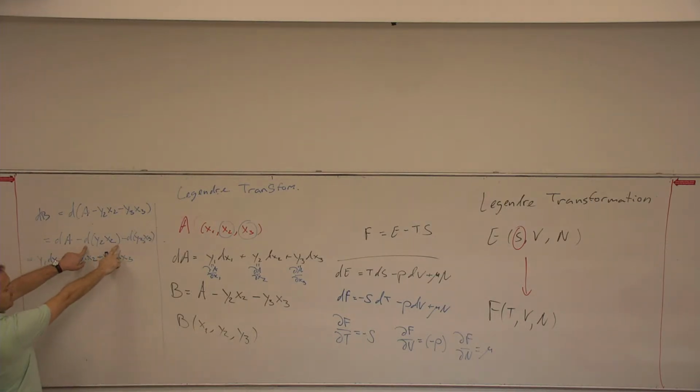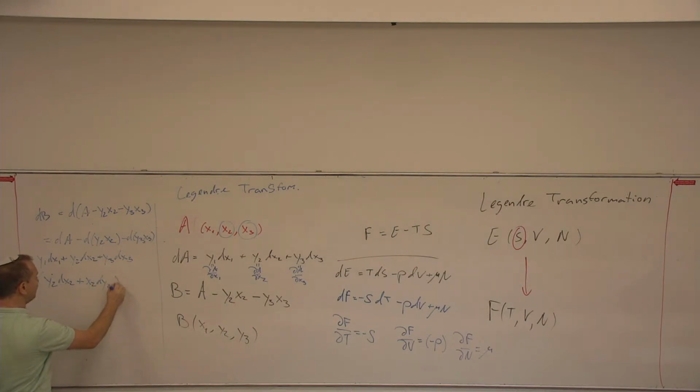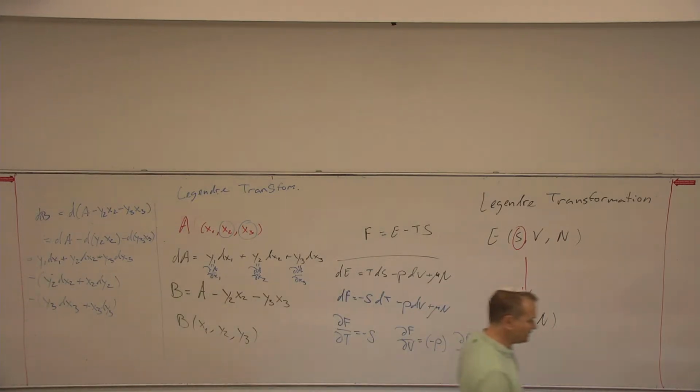We go to the next differential. So we have minus, and here is the differential of a multiplication of two functions. So we have y2 dx2 plus x2 dy2. Now we go to the third differential, which is, again, the differential of a multiplication of two functions. So we have y3 dx3 plus x3 dy3. Now we cancel everything that we can.